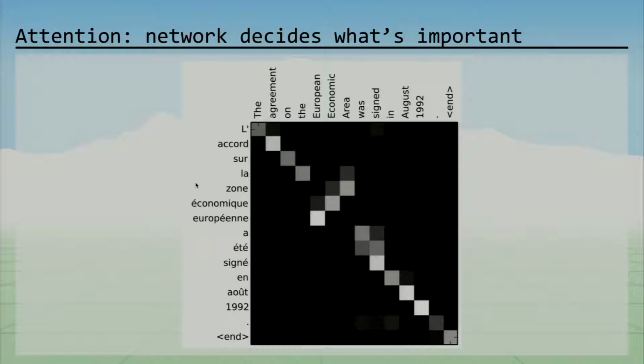This gets a little more interesting with longer sentences. In a number of languages, and I'm not a natural language person, you switch the order in which you use nouns. So instead of "European Economic Area," you say things like "the area economic of Europe." In this case, as our network is translating this sentence from French to English, it's reading through, and most of these words it pays attention to in order.